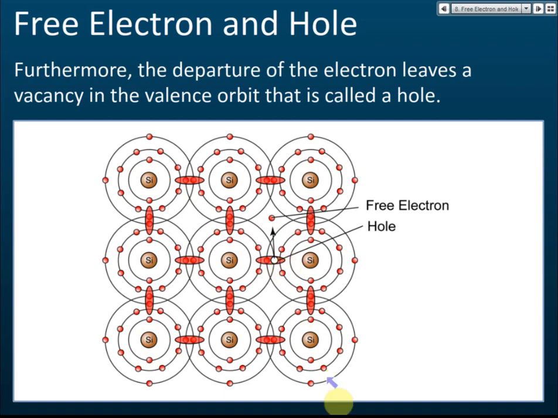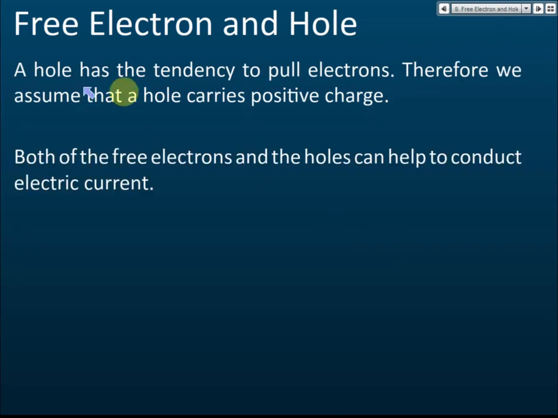A hole has a tendency to pull electrons, so we assume that a hole carries positive charge. Both the free electrons and the holes can help to conduct electric current, so both are charge carriers. How? I will explain to you later. That is about the types of flow.